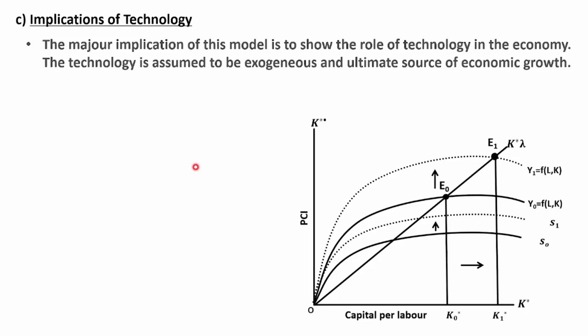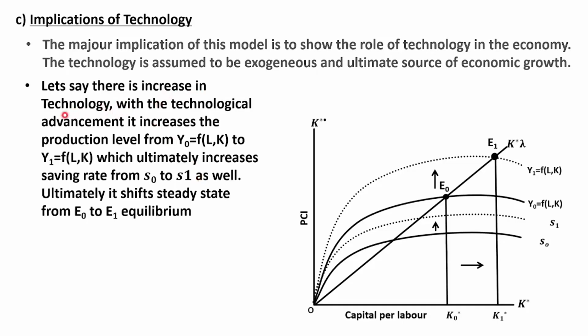So in written form, let's say there is an increase in technology. With the technological advancement, it increases the production level from Y0 to Y1, which ultimately increases the saving rate from S0 to S1 as well. So ultimately it shifts the steady state from E0 to E1 equilibrium.